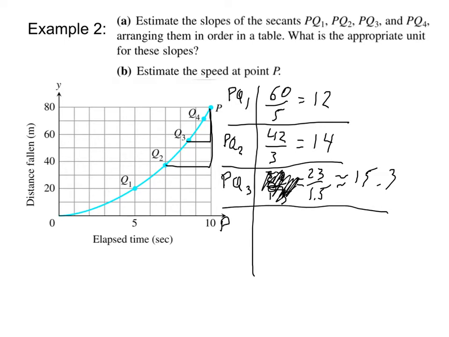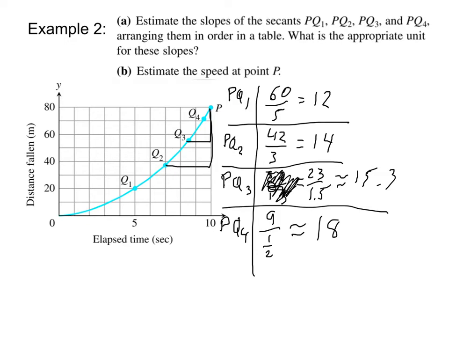It happens. So then the last one, PQ4, let's call that from 71, so we'll say 9 over 1/2, so 9 divided by 1/2, which equals, it's an estimate, 18. Okay, so if we're looking at this, we went 12, 15, 18.